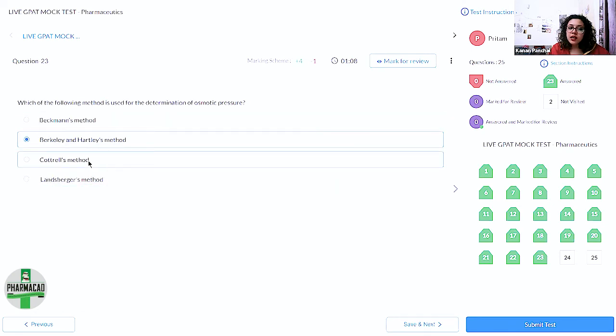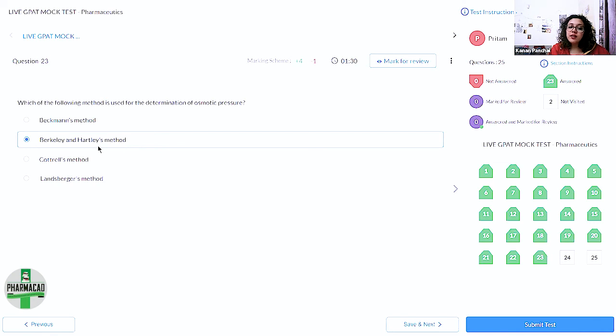Cottrell's is again used for determination of boiling point, but its mechanism is different; there will be no overheating in it. And in Landsberger's, you will get the determination of molecular weight. Osmotic pressure determination will be by Berkeley and Hartley's method.